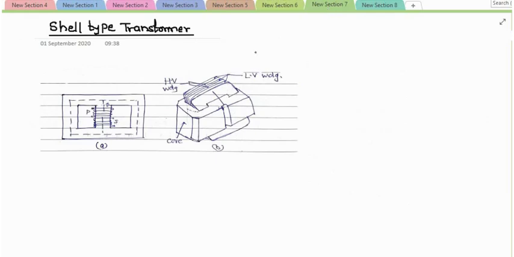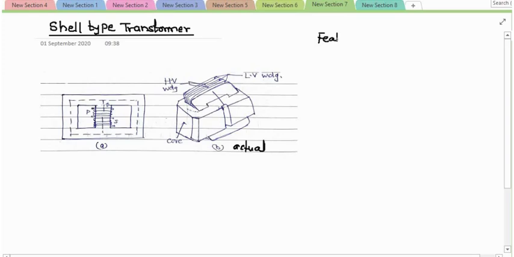Then the second type of transformer is nothing but the shell type of transformer. Figure A shows the elementary form of the shell type of transformer and figure B shows the actual arrangement of the shell type of transformer. So now let us again see the features of the shell type of transformer.